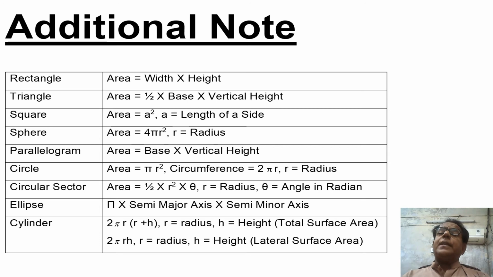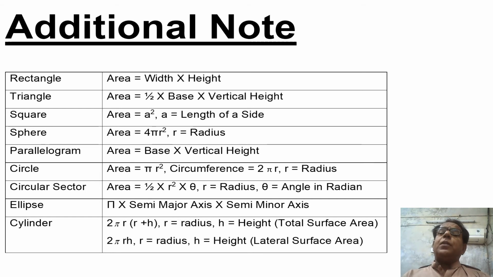Area of a triangle is equal to half into base into vertical height. Area of a square is equal to a square, where a is the length of a side. Area of a sphere is equal to 4 pi r square, where r is the radius.